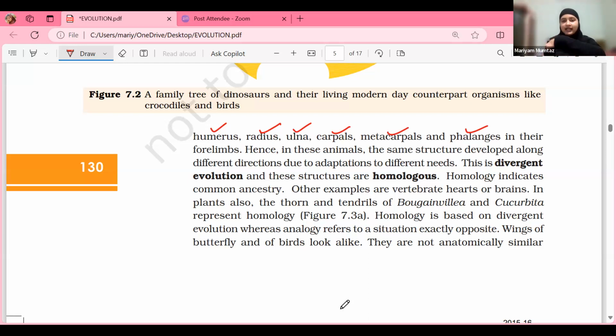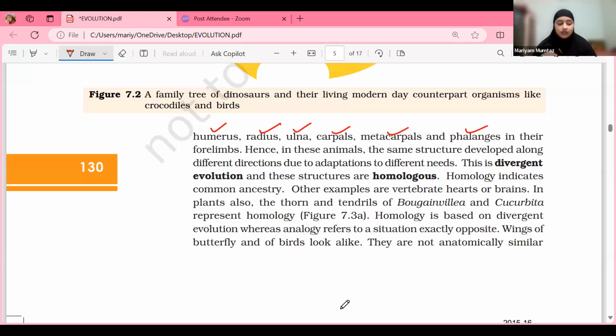Here, this part would have the radius and the ulna. Carpals is the wrist bone. Metacarpals, palm bones. And phalanges would be the finger bones.